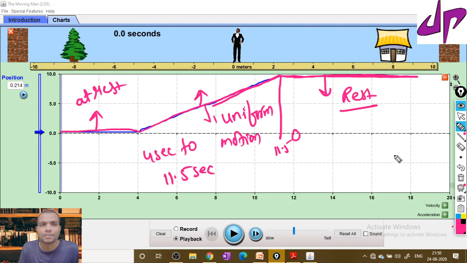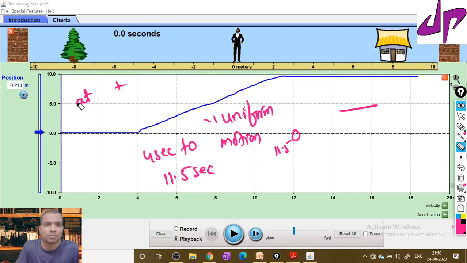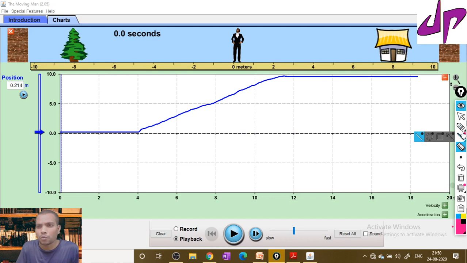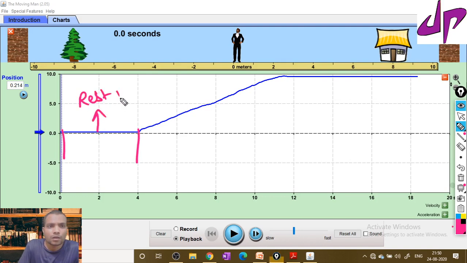He is at rest. Now altogether, if I describe his motion with a clear screen, the graph has different portions. From 0 to 4 seconds, he is at rest at 0 meters.